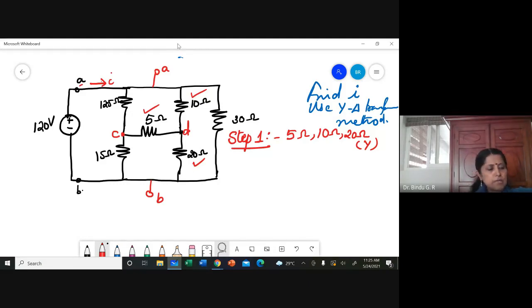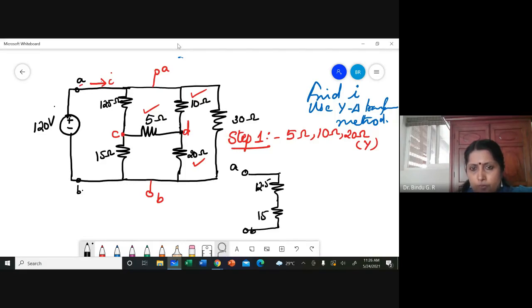So that my circuit now should look like this. I'm not drawing the voltage source. I'll just start from A and B. My circuit will look like this. A, B, 12.5 ohm, 15 ohm.